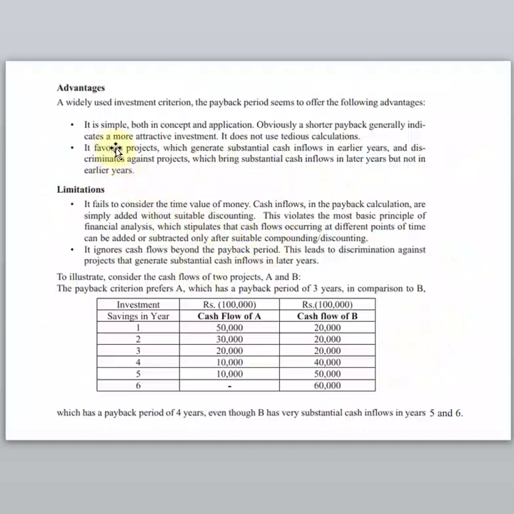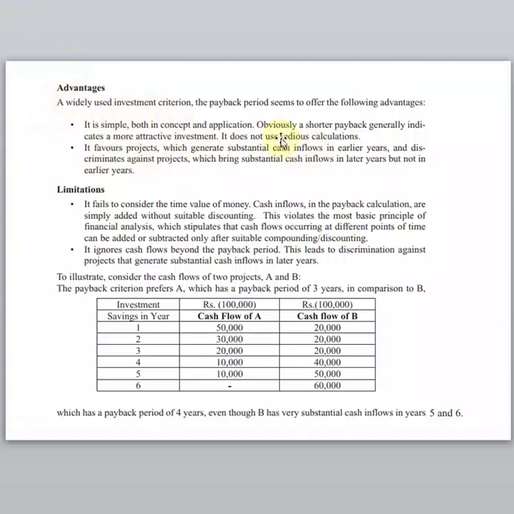So this simple payback period is very easy, as we have seen. It has no constraint regarding the formulas, and it can be chosen in order to select projects in a quick manner. This is a widely used investment criterion, and it has some advantages: it is simple both in concept and in application.